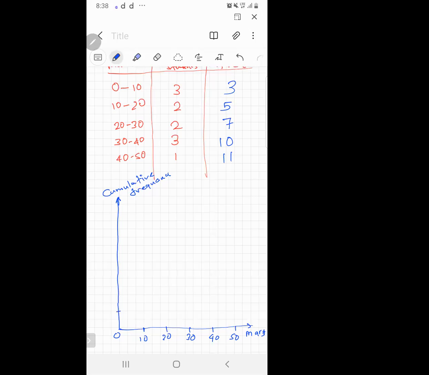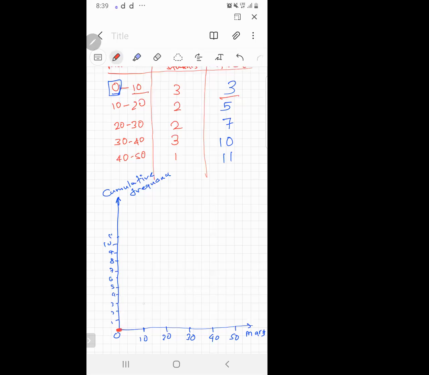The cumulative frequency goes up to 11, so I mark 1, 2, 3 up to 11. First, the initial point is my lower limit, so the starting point is 0. After that, I consider the upper limit and cumulative frequency.